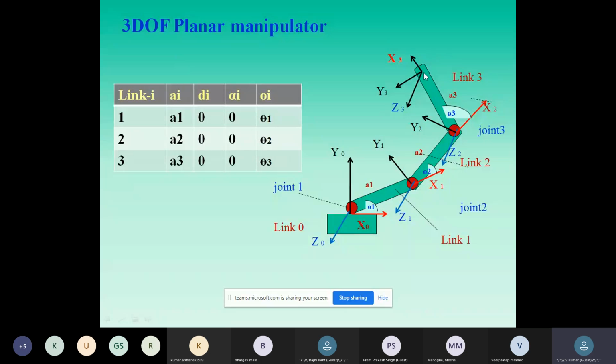Why the transformation matrix? You rotate frame 3 to frame 2 first. Then frame 2 to frame 1. Then frame 1 to frame 0. It means this frame 3, you represent with respect to frame 0.